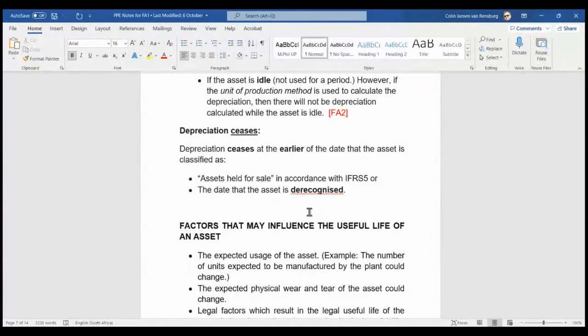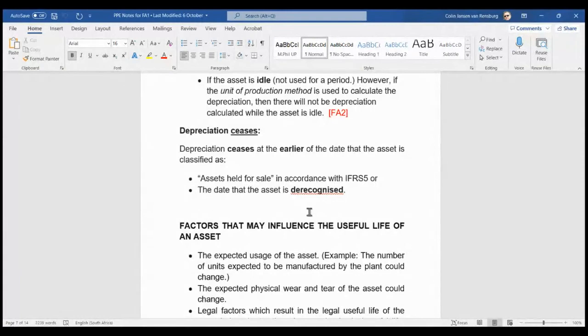But that is just what happens if the nature of the business changes, and suddenly those items that used to be property, plant, and equipment are now going to be sold off because the business is not going to use them for their previous purpose anymore.